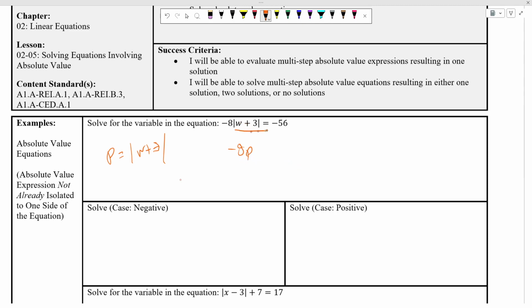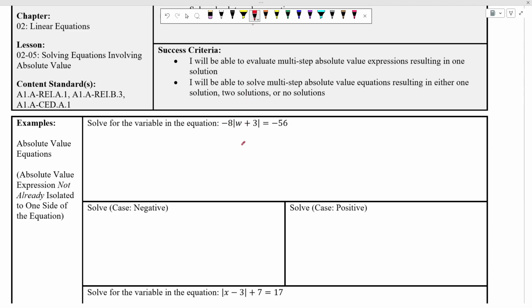Whether you just want to remember that, or physically write a variable in its place, I need you to understand to treat this like a variable until it is isolated. So let's do that here. If this was -8p equals something, to get this p all by itself, to get this whole absolute value term all by itself, I would need to perform inverse operations. The inverse of something being multiplied by -8 is to divide that something by -8. So let's do that.